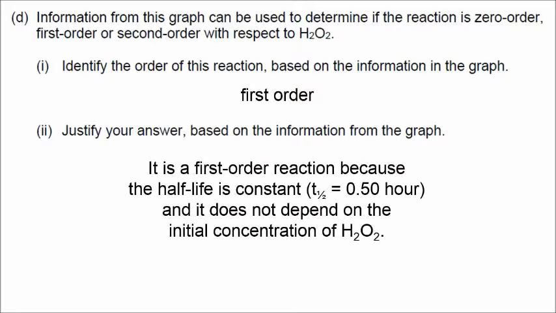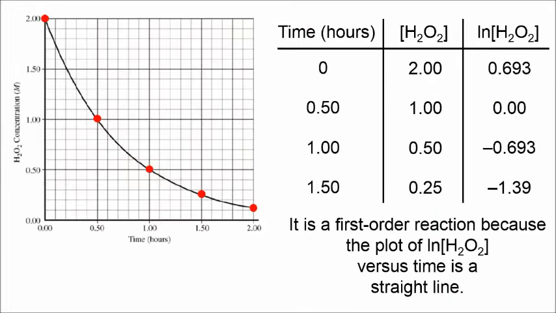Now, to justify your answer, you could either say what I just said, which is the half-life is constant and does not change over time. Another way you could justify that it's first order would have to do with the natural log. If you took the time to calculate the natural log of concentration over time, you would see that the natural log is decreasing by exactly 0.693 every 0.5 hours.